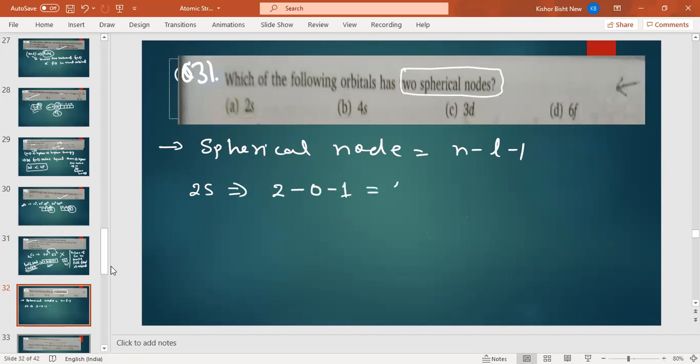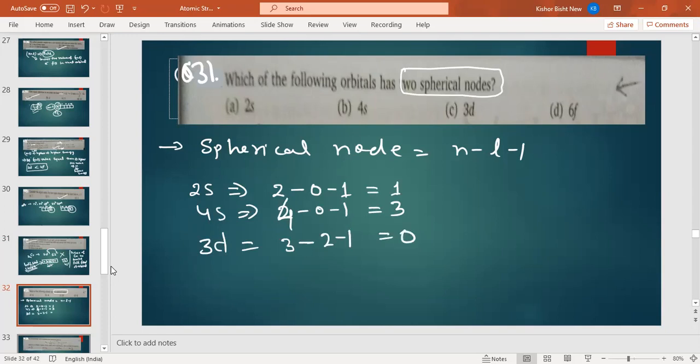So you will get 1. If you take 4s, n value is 4, then you will get 3. If you take 3d, n value is 3, and for d the L value is 2, minus 1. So you will get 0. And 6f, n value 6 for f.